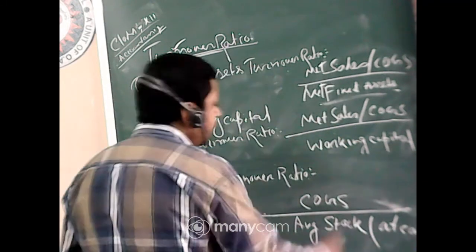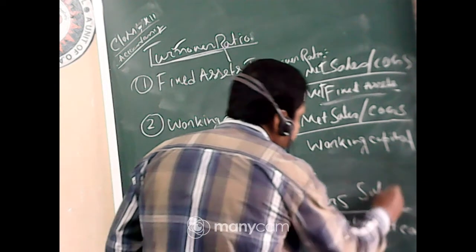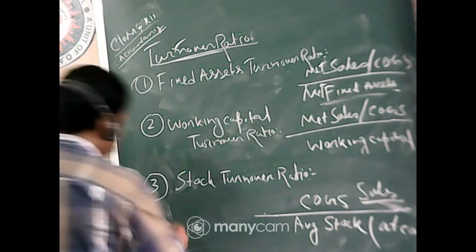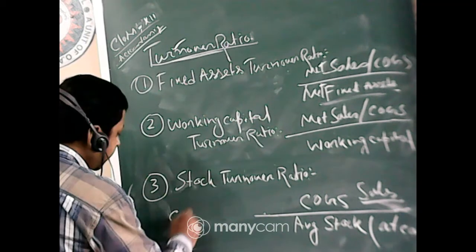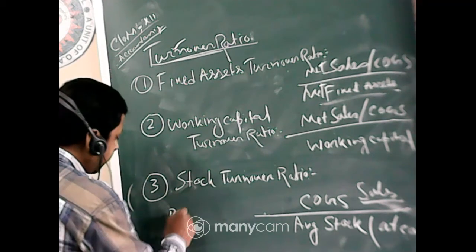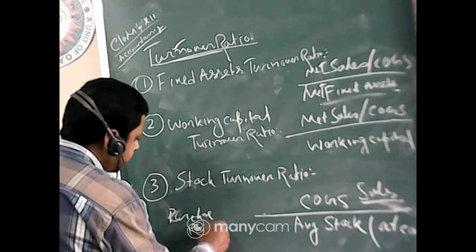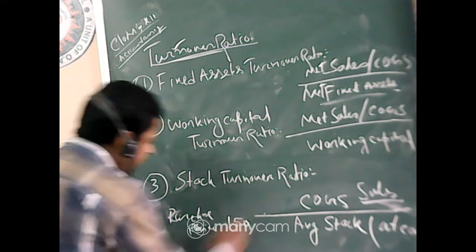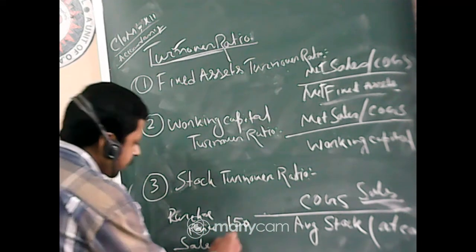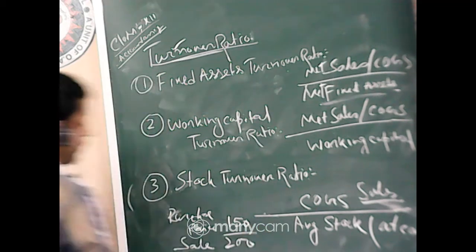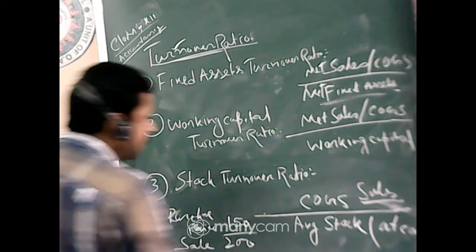If you relate with sales, the sales price is different. Suppose for one product the purchase price is 150 and the sale price is 200. So there is a 50 rupees difference between sales and purchase price, and this 50 rupees is your profit.